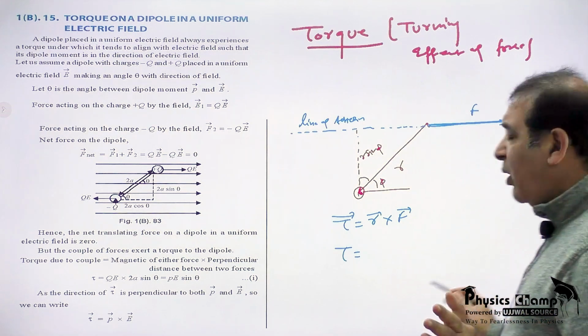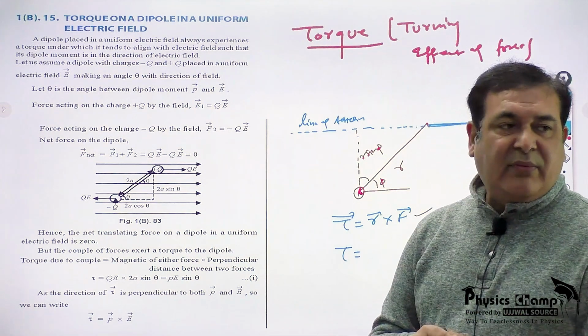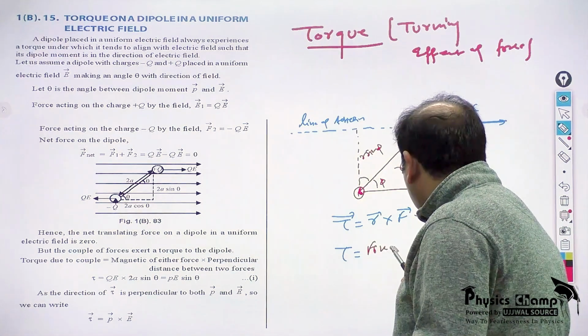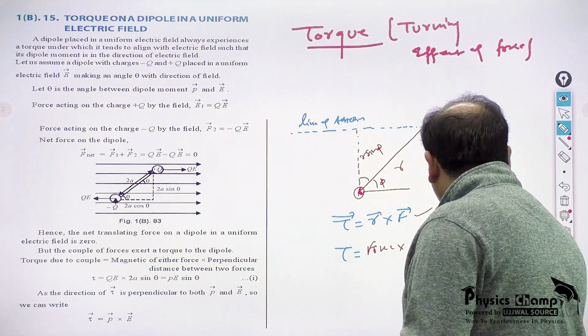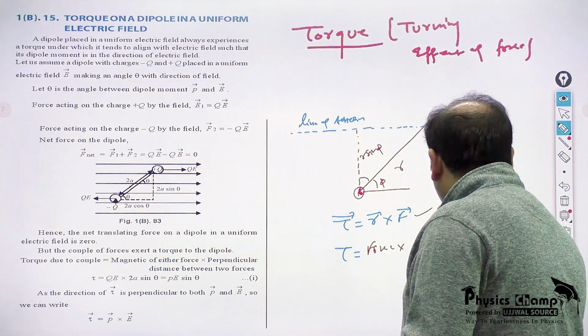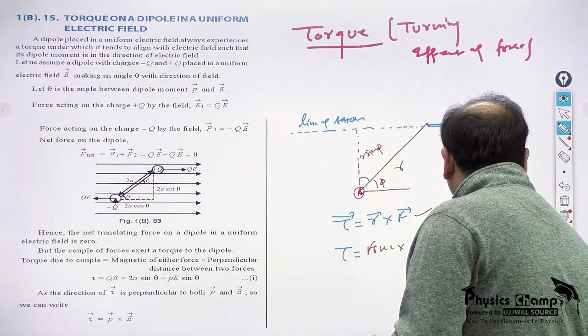So, when we talk about torque, either in vector form we call it r cross F, or we can also say force into perpendicular distance from line of action of the axis.